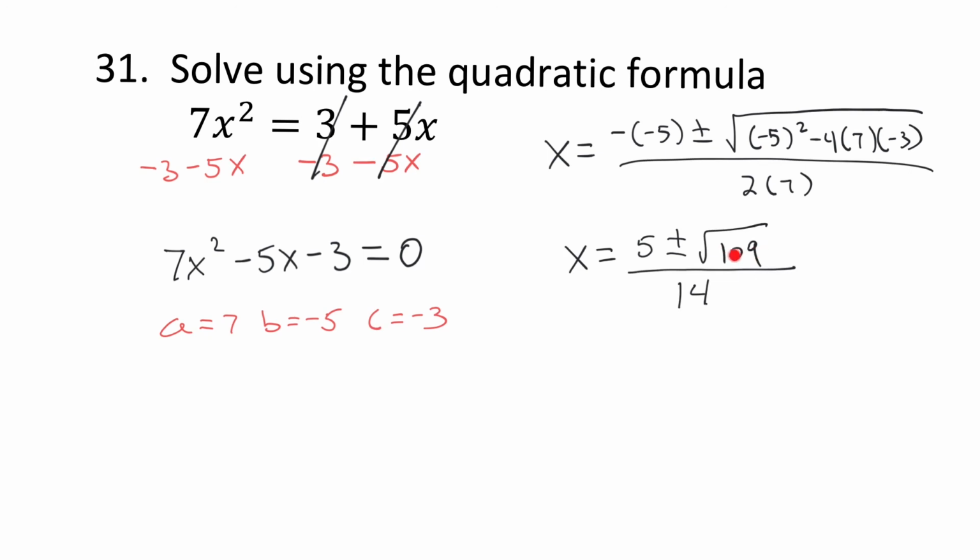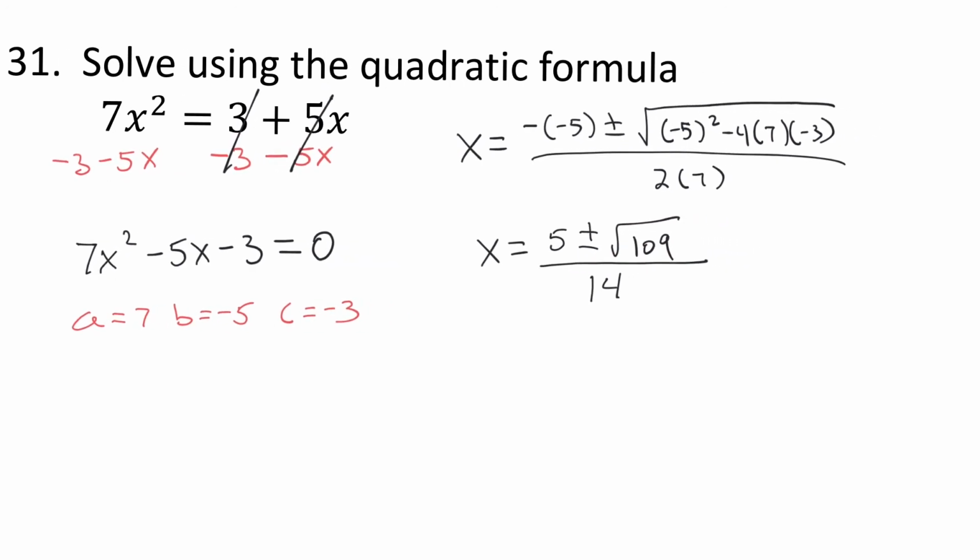So that's not a perfect square number. You need to check if you can simplify. On the side, let me just move this a little bit to the left. I'm going to check the 109. I'm trying 3. I see the 9 here, but 3 doesn't go into 109.